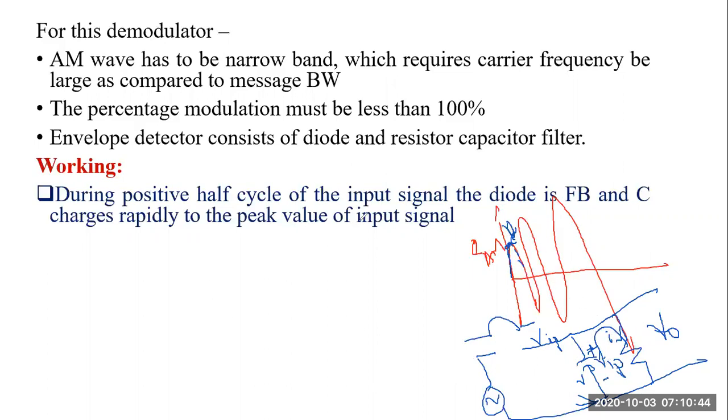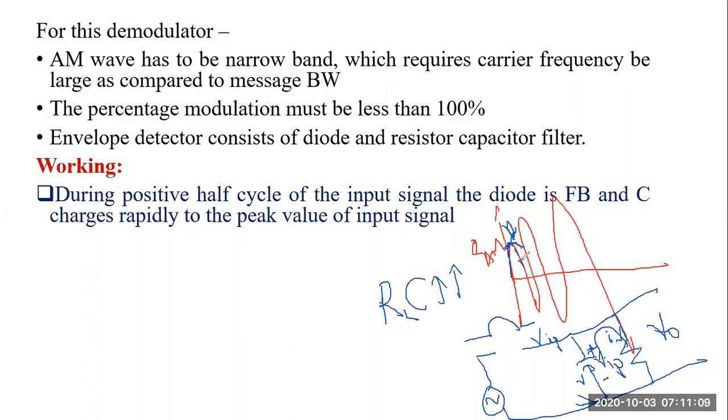If the capacitor starts discharging, and I choose the value of the product resistance times capacitance, RL into C, to be quite high, then I can make the capacitor discharge much more slowly compared to the input signal.